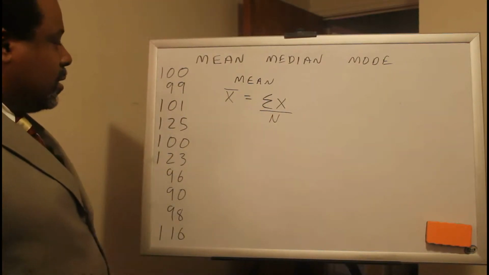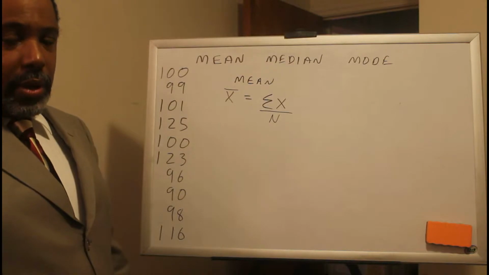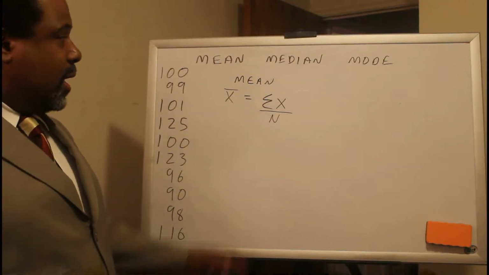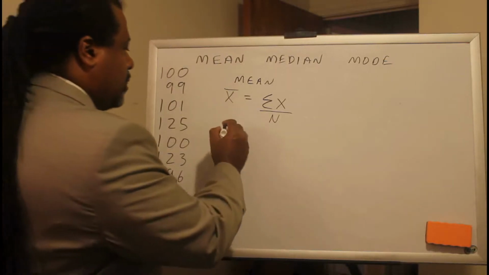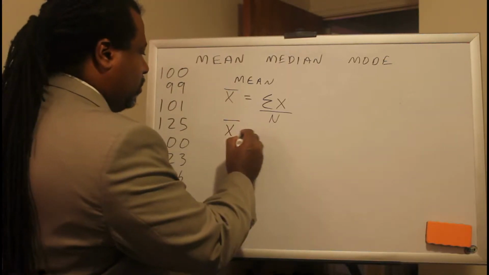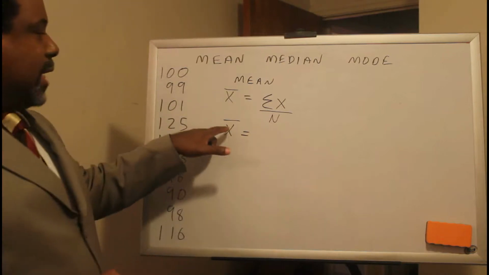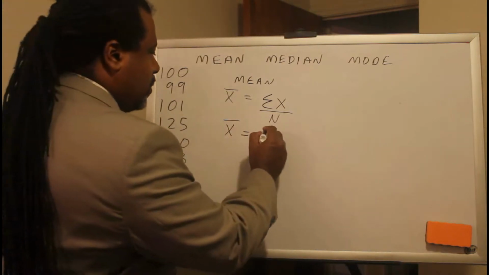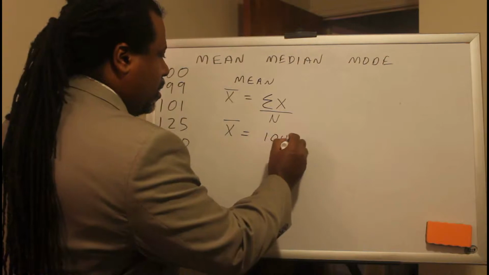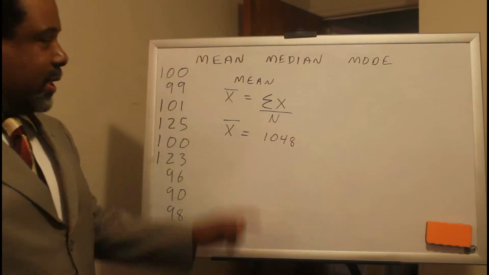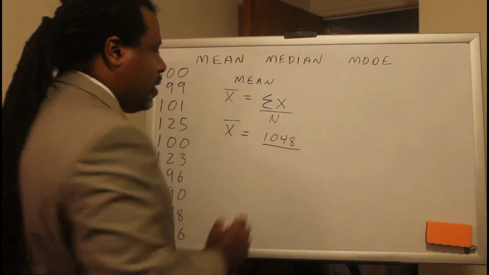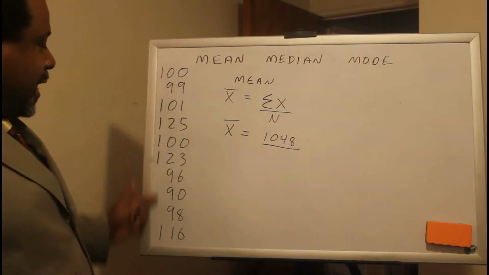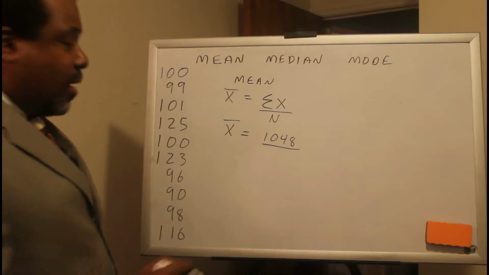Okay, so you can take a second, pause the video, and add these together. I've already done it. And so we're going to say that our mean is equal to 1048, which is the sum of all of these numbers, divided by 10. There are 10 observed values here.